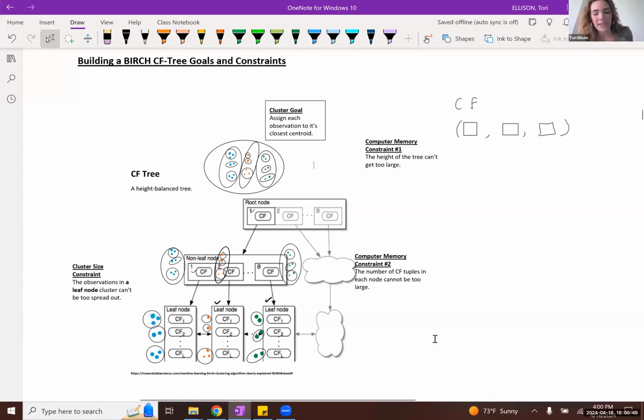Essentially, this CF tree keeps a very memory efficient representation of the current clustering structure, identified given the current set of observations that have been incorporated into the tree. This tree is going to be comprised of a series of these CFs, or clustering features, which correspond to a given subcluster.